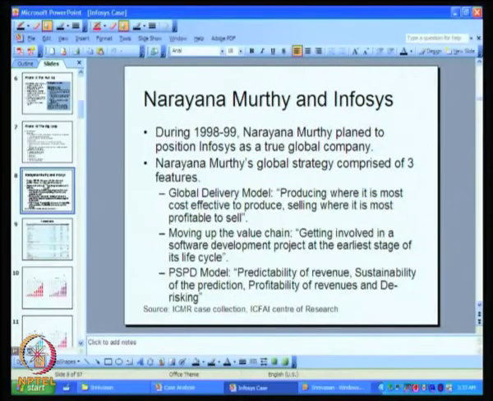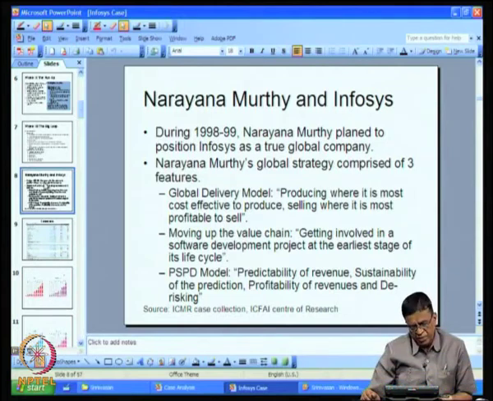This is the way Infosys has looked at it, gone through the different phases. Now, what did Mr. Murthy try to do in 98-99? He planned to position Infosys as a true global company.